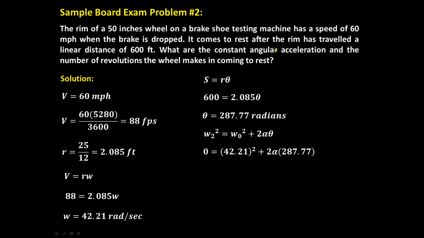Tama? Coming to rest. That is why our final angular velocity is 0. Ang initial natin is yung nahanap nating 42.21. That time na uminto sa kakaikot ang ating wheel, definitely ang final velocity nito is 0. Okay? So let's proceed. So direct substitution ng alpha, makakalculate natin, lagyan na natin ng konting algebraic ability.